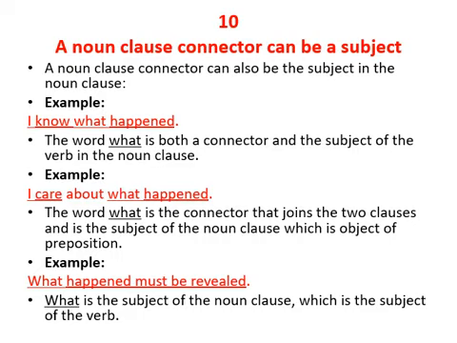What is the subject of the noun clause which is the subject of the verb. يعني what happened دي clause it is the subject of the verb must be read.